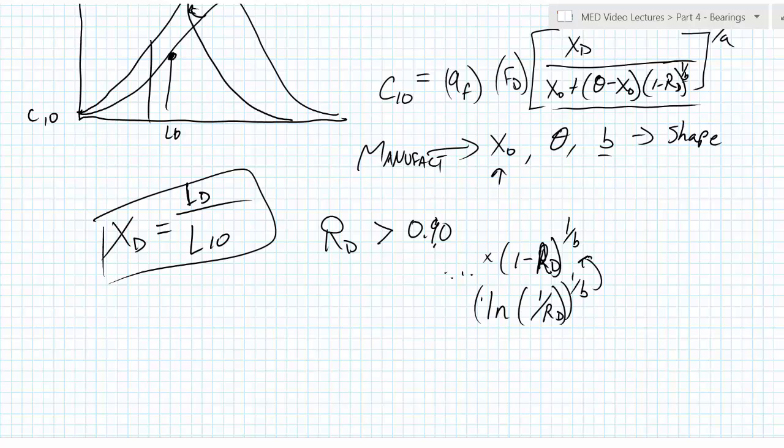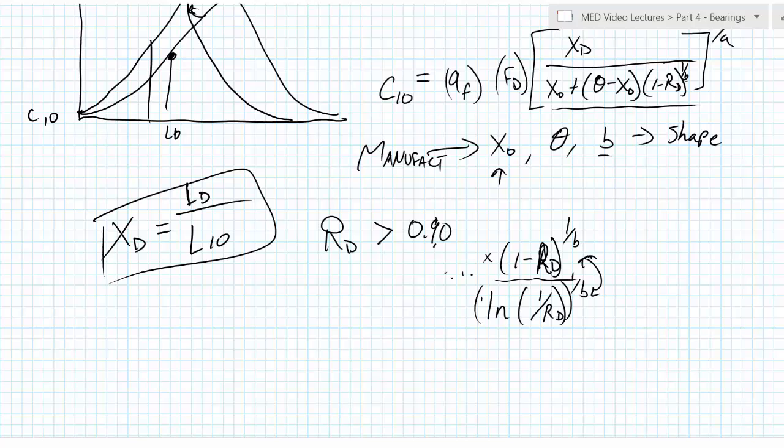These two are effectively equivalent. It's a small number approximation to use the 1 minus R D. It's a little bit simpler and doesn't require you to use a natural log. Obviously, we've been picking bearings for a while, and we haven't always had calculators that easily calculate different natural logs. So 1 minus R D is a simplified approximation. You can use either one.